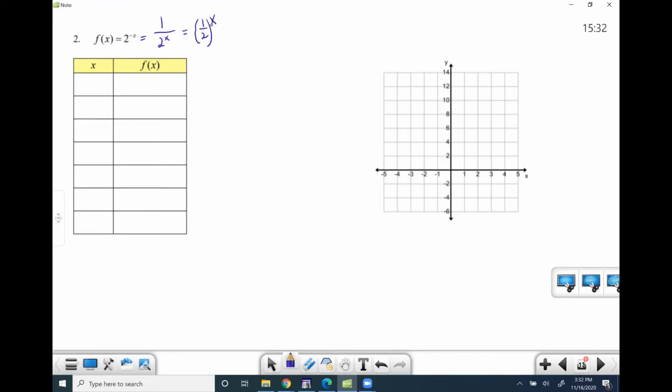So let's think about why it's legal to do that. When you have an exponent on the outside of a fraction, it actually goes to both. For example, if I have 1/2 squared, doesn't the 1 get squared and the 2 get squared? And that's why we ended up with 1/4.